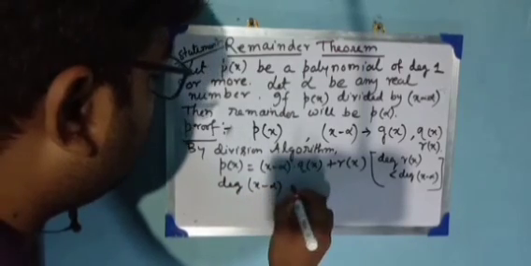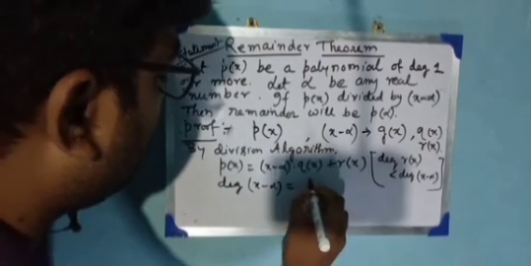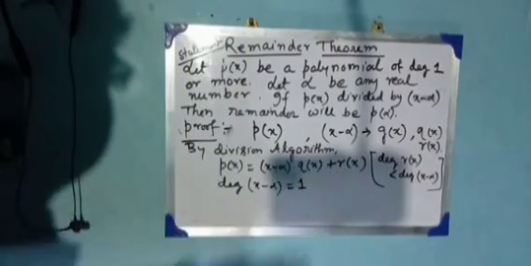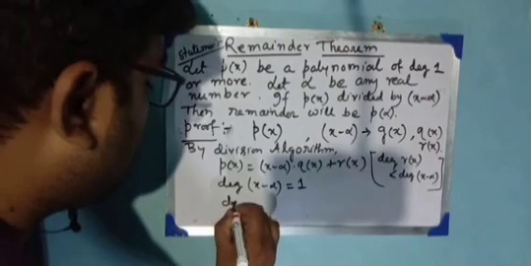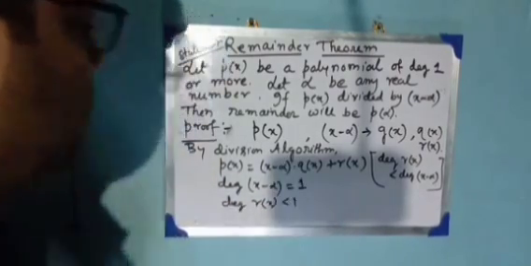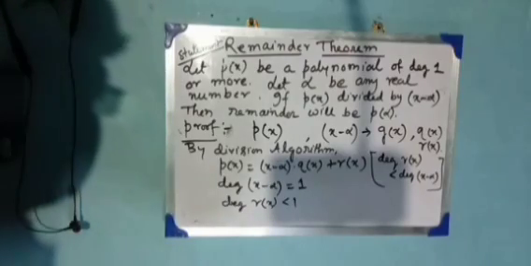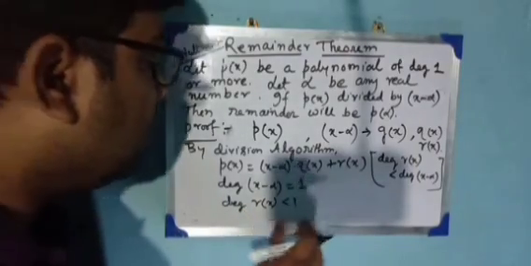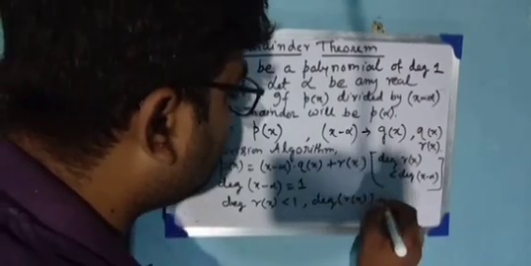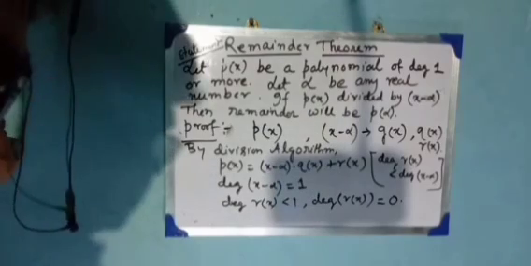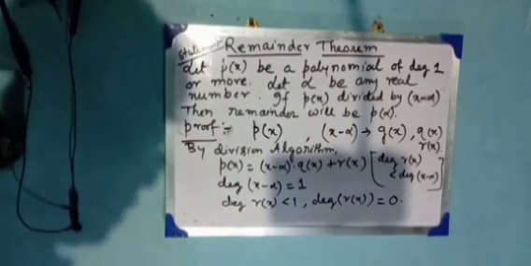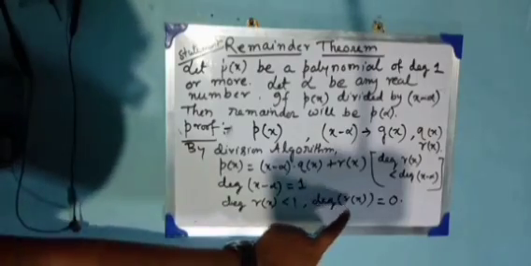So definitely the degree of r(x) must be less than 1. That means the degree of r(x) will be 0.